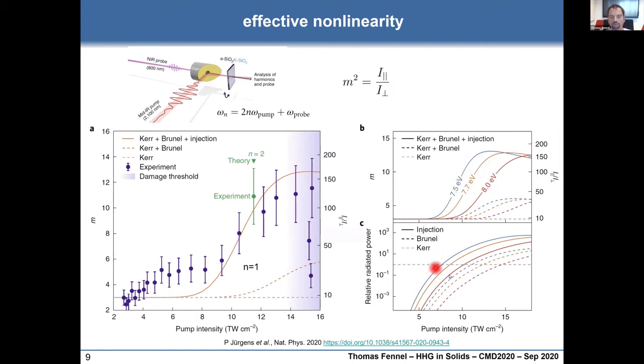And that's even more clear if we now look into the relative contributions of the injection term and the Brunel term, normalized to the Kerr contribution. And for a wide intensity range, the injection is much more intense than the Brunel contribution and outperforms beyond a certain threshold also the Kerr contribution here for amorphous quartz. So that's essentially the main conclusion.